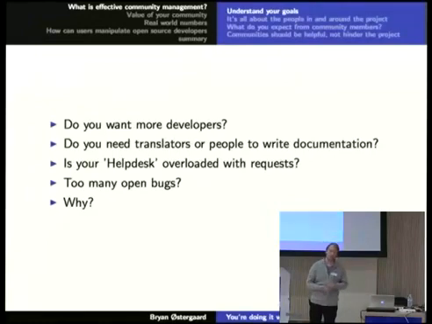You might be looking for people that can write very technical patches for your project and so on. So you need to figure out exactly what kind of people it is that you're looking for. What do you want them to do? And also why you want them to do this. You need to make that very clear to yourself before thinking about anything else.